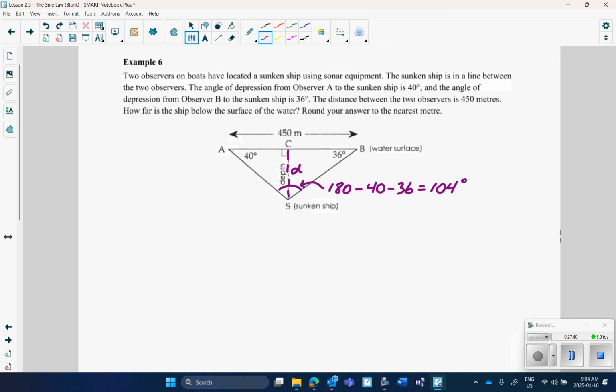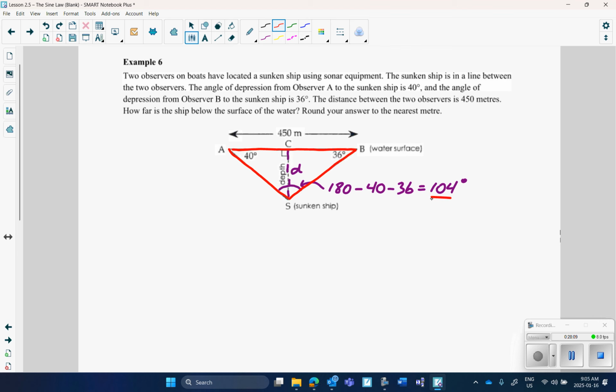So I can use the big triangle. I know this is 104, I know its opposite side, and I know these two angles, so I could use sine law to find this or this. It doesn't matter which one. We only need one of them.